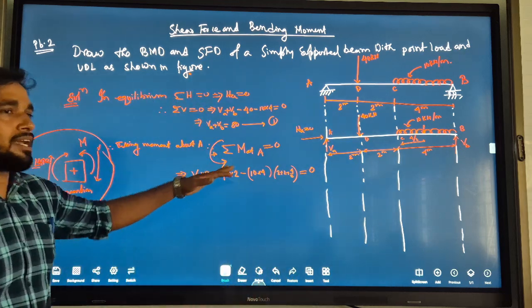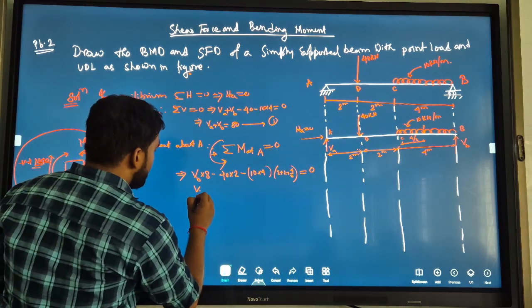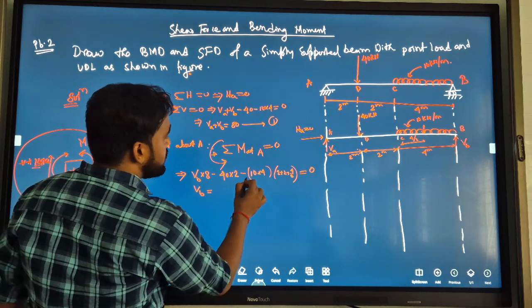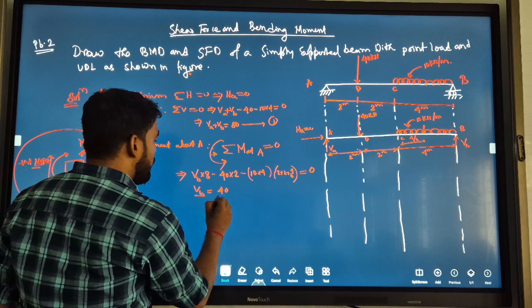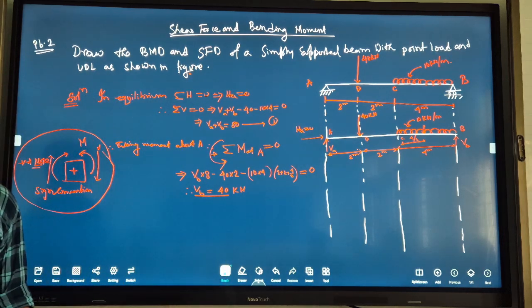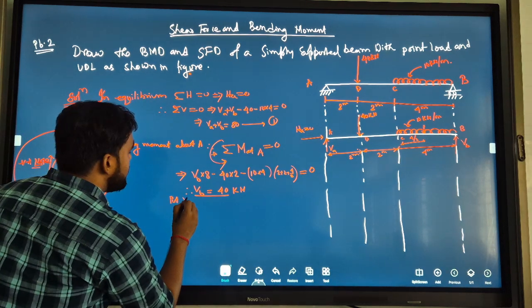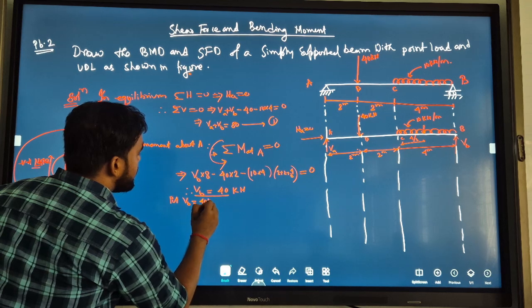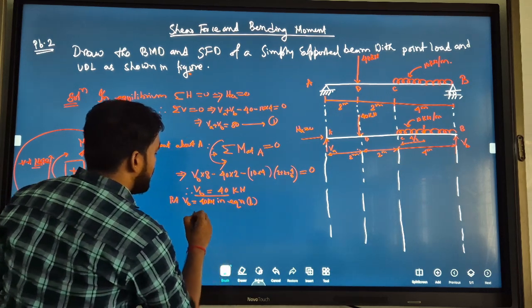Now from this equation you can calculate VB. Now calculate this. Probably 40. Please calculate and check. Now put VB equal to 40 kN in equation 1.